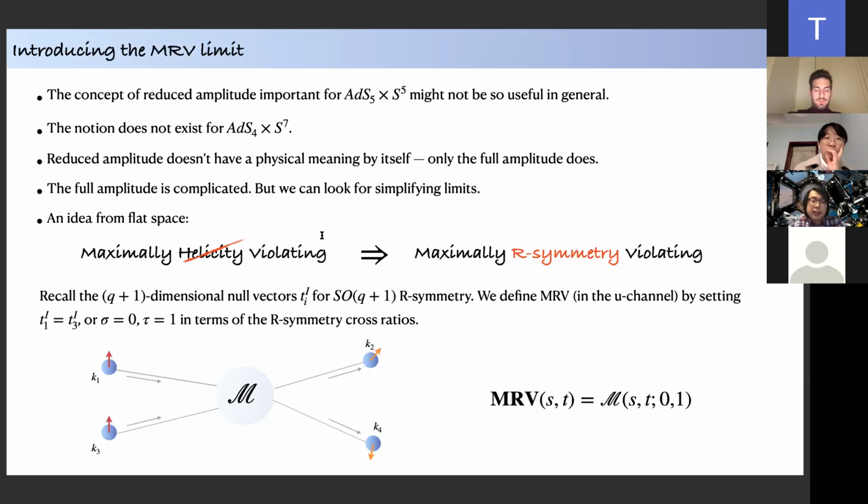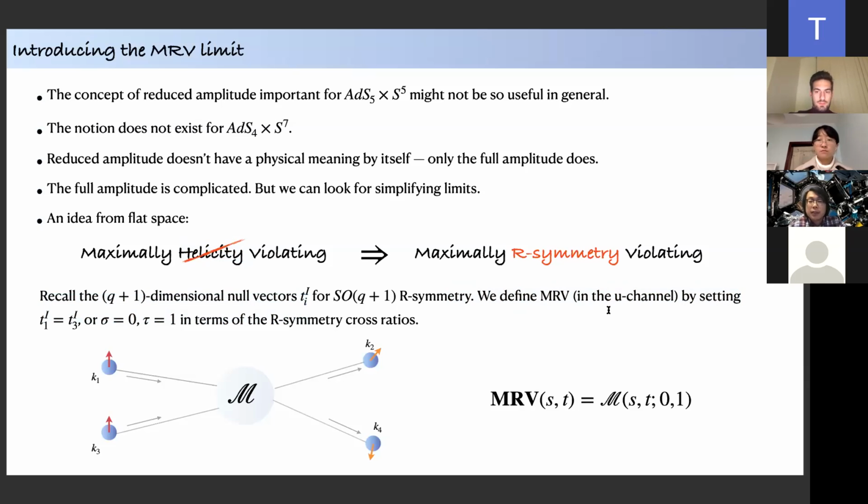So here is an idea that is inspired by what happens in flat space. In flat space, the notion of maximally helicity violating is very important. So we are going to define something similar to this called maximally R-symmetry violating. We start by associating each operator with some polarization vector t for the R-symmetry part.